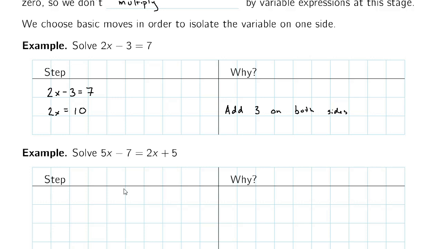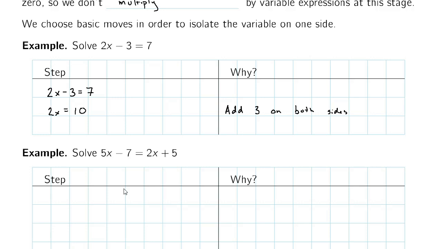We don't really need to write anything to indicate that. You are welcome to write something to indicate that you're adding 3 to both sides if you find it helpful in keeping track of what you're doing. Otherwise, for simple things like this, it's okay to just write the results of the step. This is typically what I'll do for simple steps like this when I'm demonstrating problems.